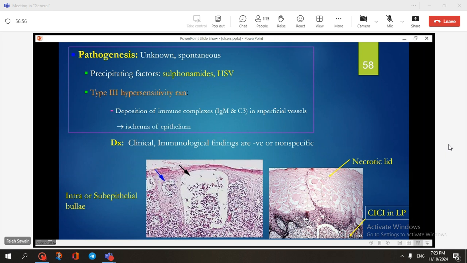Pathogenesis, as we said, is antigen-antibody complexes, type 3 hypersensitivity, either to herpes virus, so it follows secondary herpes like herpes labialis, or sometimes because of certain drugs.